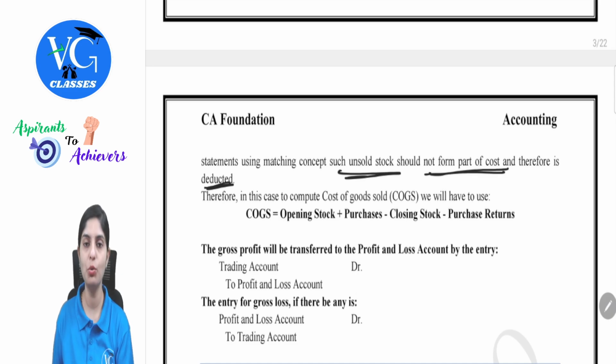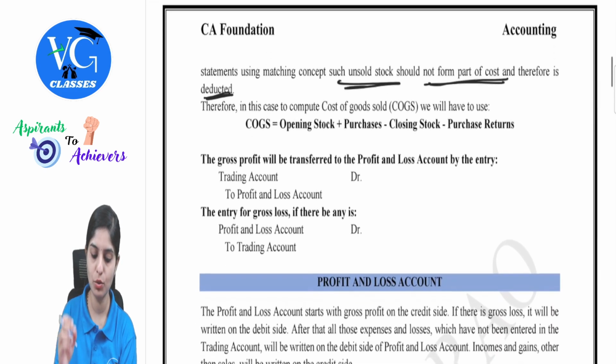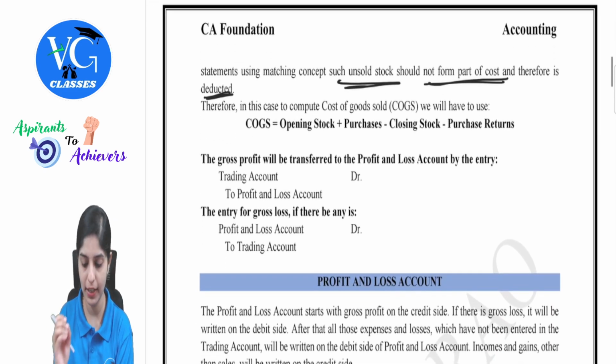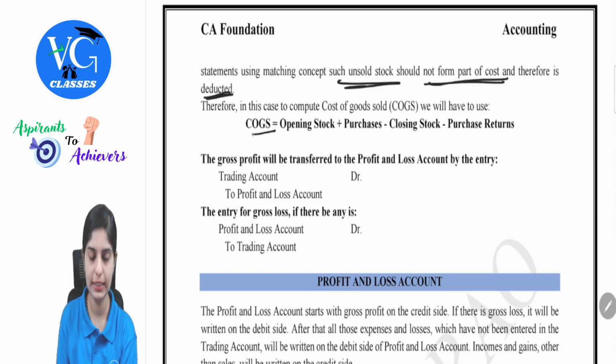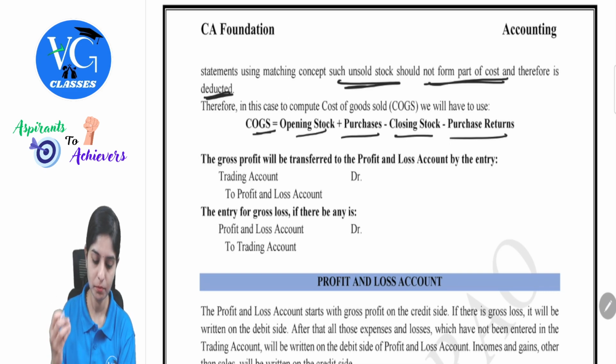So therefore, what do we do? We take it out as an expense and then classify it as an asset. That is what we understood in the journal entry. Therefore, in this case, to compute cost of goods sold, COGS is nothing but opening stock plus purchases minus closing stock minus purchase returns, if there are any.